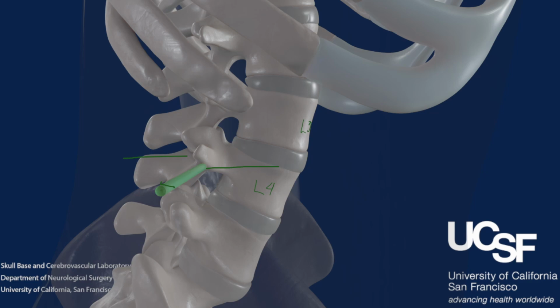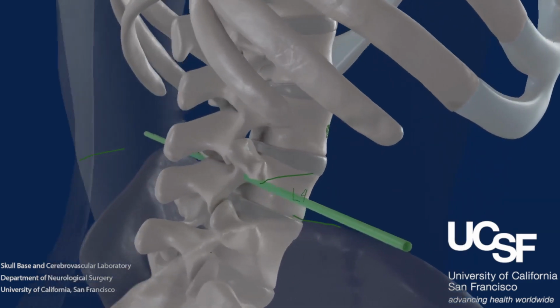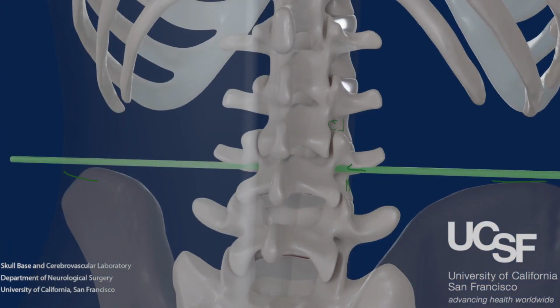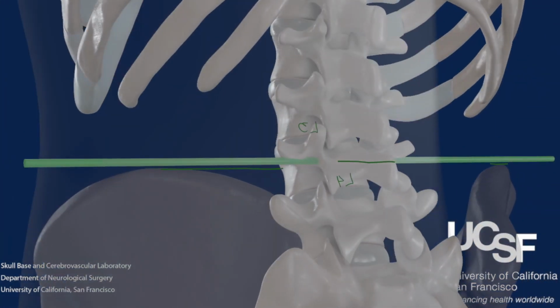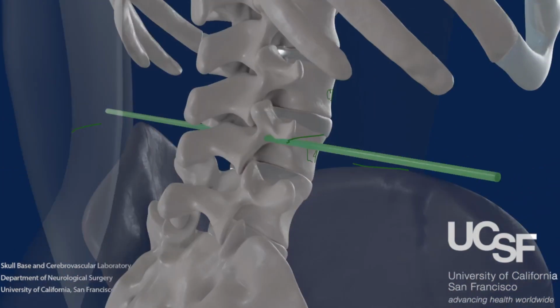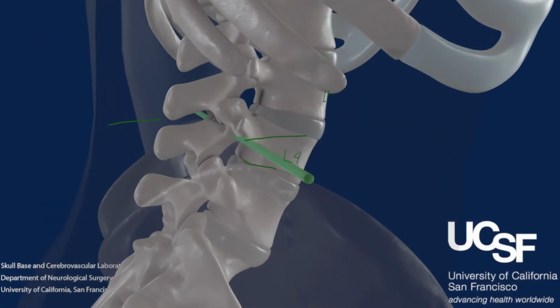inferiorly, between L4 and L5. About the spinous processes of the lumbar spine, they are conventionally hard to palpate, mostly the most inferior ones, meaning L4 and L5, because they're shorter than the rest of the spinous processes.